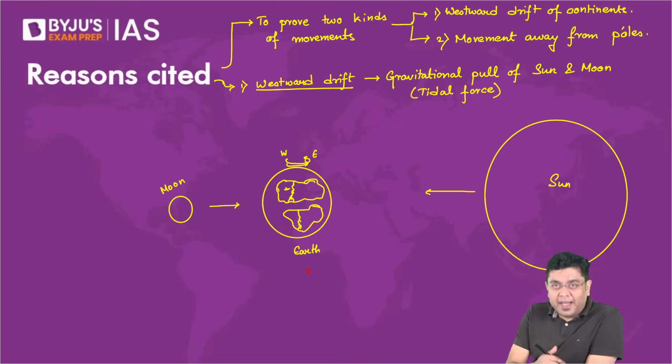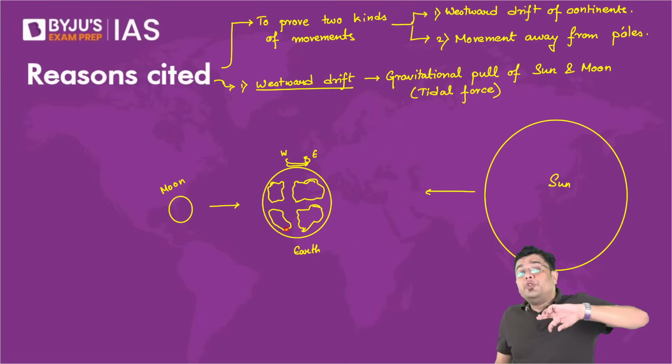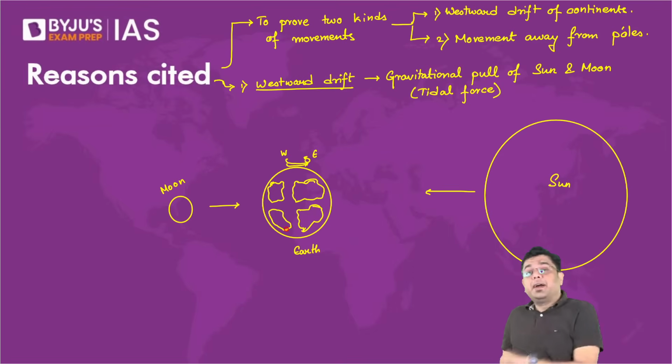Not only would they crack up, eventually this land, after some time, would get separated. This land would get separated here because it is being held by the moon as the planet is revolving. Right. So that is where he would prove that North and South America are drifting in the westward direction because of the gravitational pull exerted. Now, is that reason true?